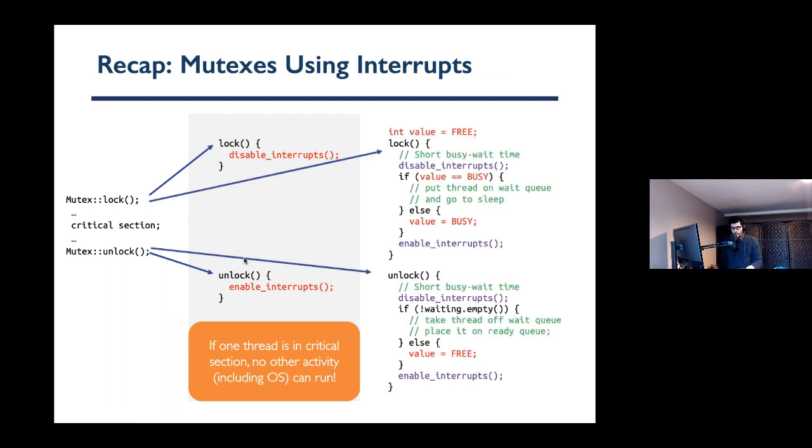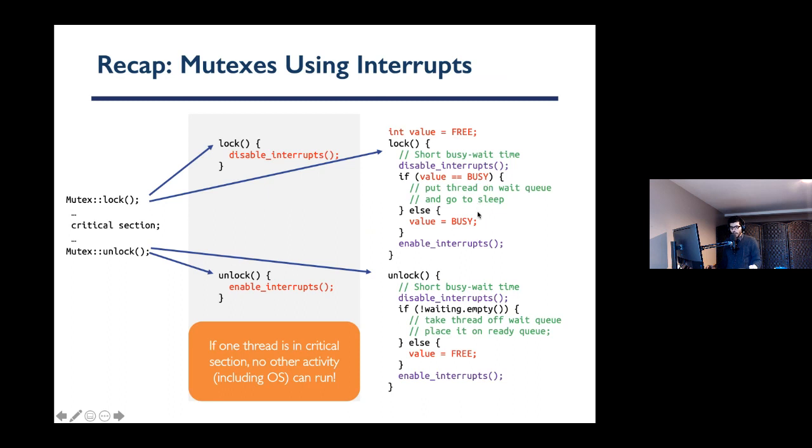It doesn't work on multiprocessors. So we made it a little bit better. We dealt with some of those problems with this other implementation, where we introduced a value and used disabling interrupts and enabling interrupts to just change that value.